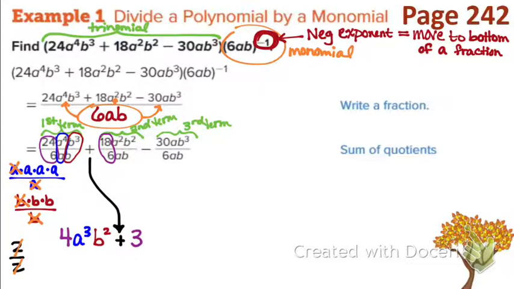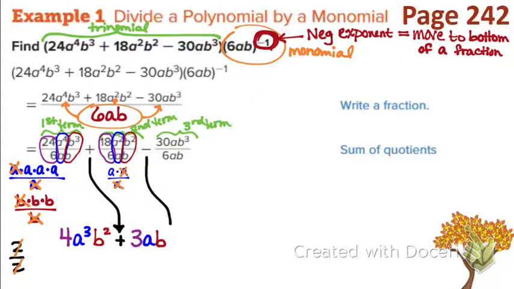What about those a's? I have a squared on top and just an a on the bottom. A times a over a, what's going to happen? One of them cancels. So I've got how many left? 1a. What about b? Same exact thing here. So I've got a single b here.